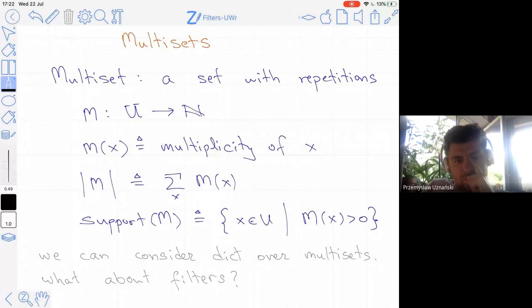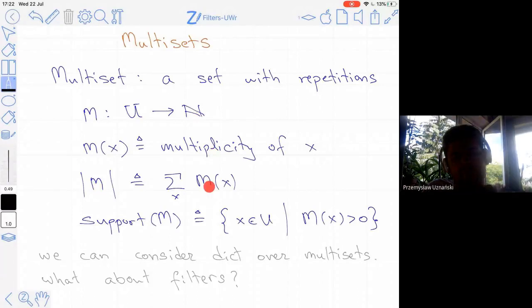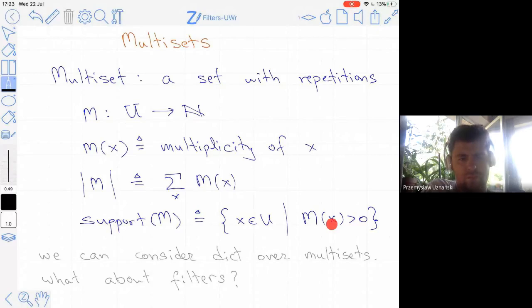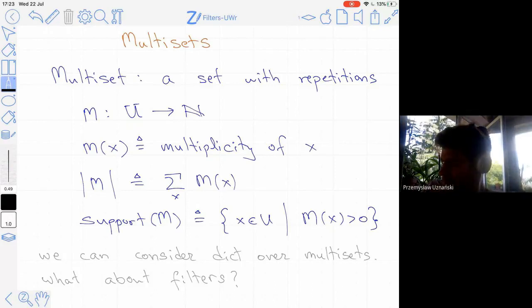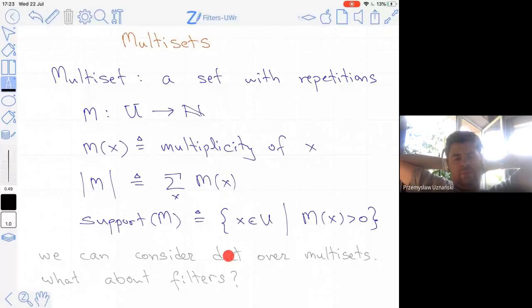The cardinality of the multiset is the sum of the multiplicities. The support of the multiset is the set of elements whose multiplicity is positive. And of course we will talk about dictionaries over multisets. If you have a dictionary over a multiset and you insert an element 3 times and you delete it once, then its multiplicity is 2, and you want to remember that that's its multiplicity.